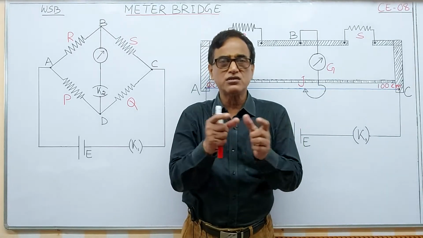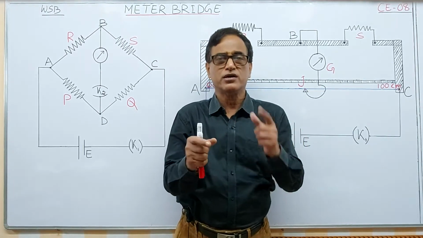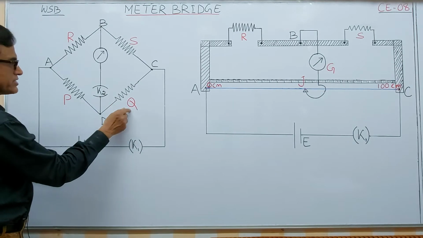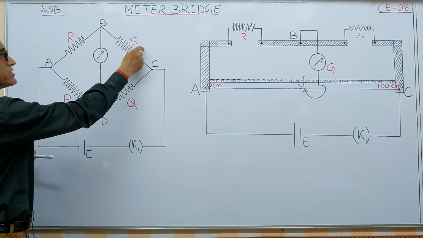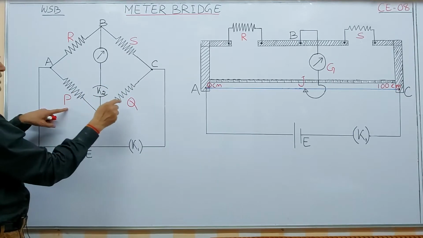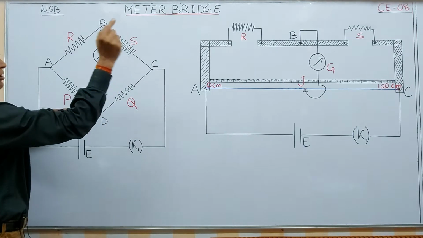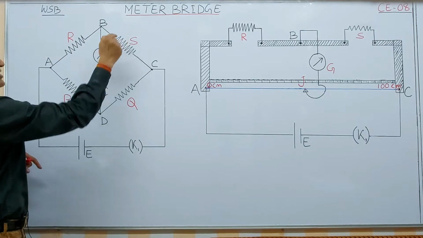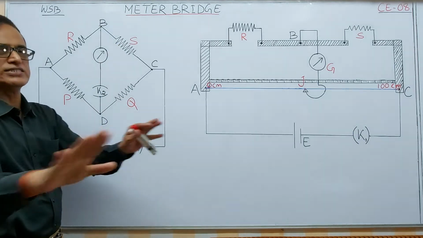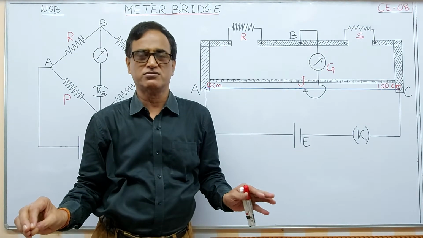So we can adjust the value of resistances in such a manner that when this resistance by this resistance will be equal to this resistance by this resistance, I have changed the names now for simplicity, this by this is equal to this by this, all are the same, as we have already told you in the last class.